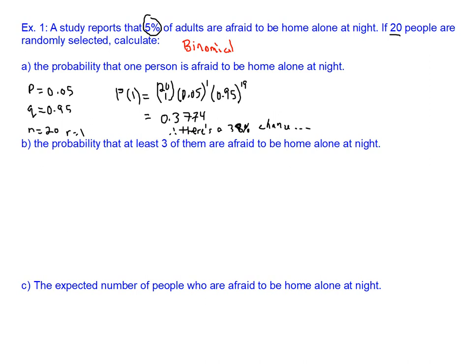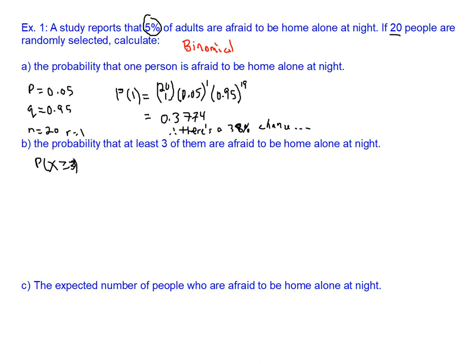Okay, so moving on then to a slightly more challenging question. Here the question is asking, what's the probability that at least 3 of them are afraid? So we want to find the probability that x is greater than or equal to 3. At least 3 of them means that x is greater than or equal to 3.